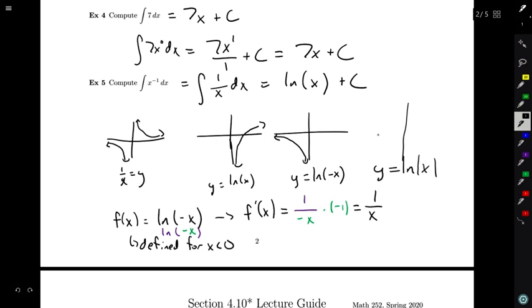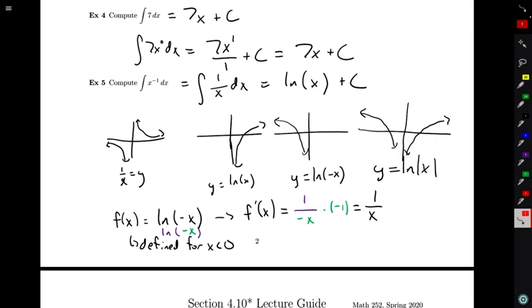So here, my graph of natural log of the absolute value of x is exactly natural log of x for positive x values, and it's natural log of minus x for negative x values. And now that I'm looking at it, I realize I drew my graph of natural log of minus x incorrectly earlier. It should pass through the x-axis here. So in any case, natural log of the absolute value of x is exactly the function that we're looking for.